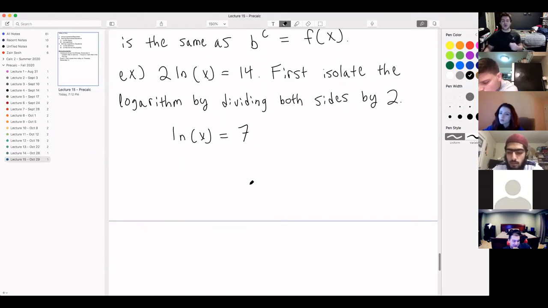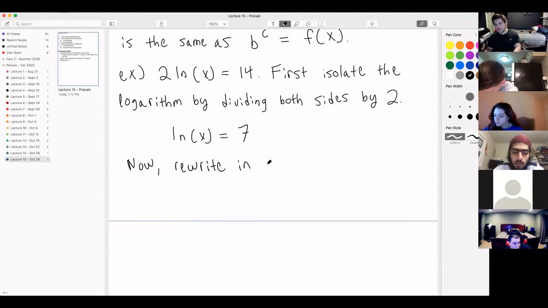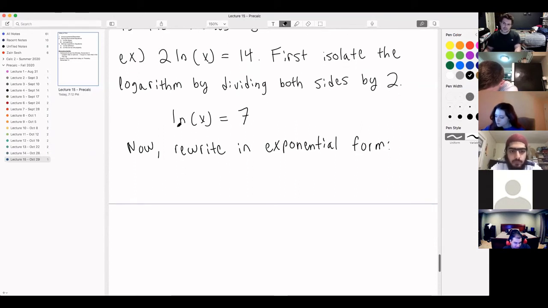Good. Now I want to rewrite this in exponential form. Recall that ln of x is shorthand for log base e. So this will be e to the 7th is equal to x.